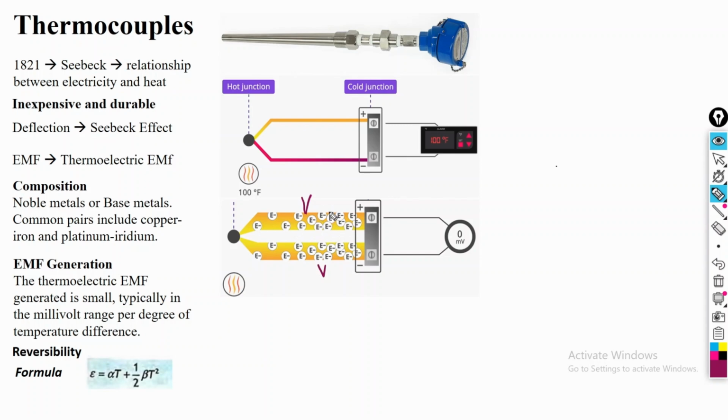If these potentials are the same, then the potential difference between them will be zero. Let's say this is V1 and this is V2, so V1 minus V2 will be 0, because both are at the same potential. Therefore the voltmeter shows zero deflection.